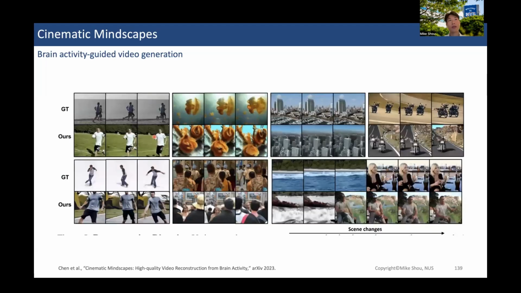Here are some of their results: the ground truth, the video seen by the user, and the video generated. You can see the appearances are different, but the actions are pretty consistent and similar.